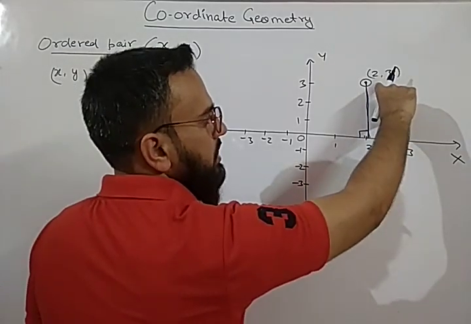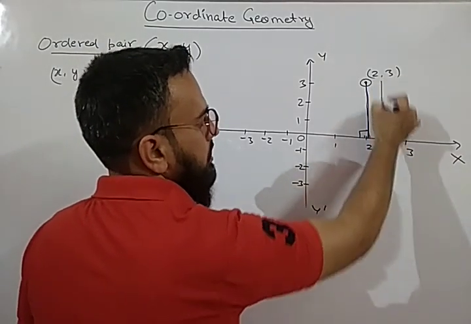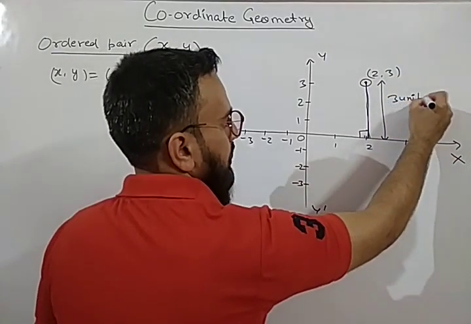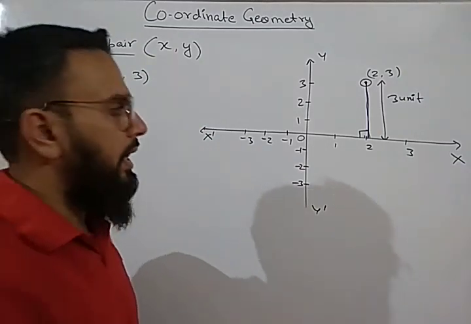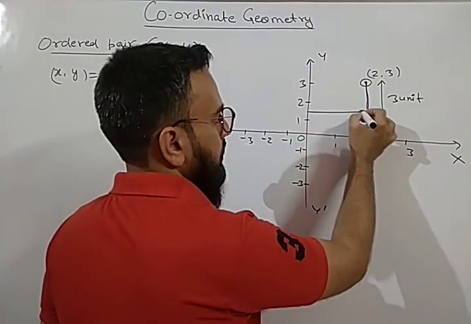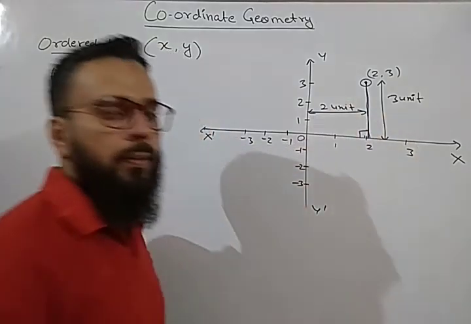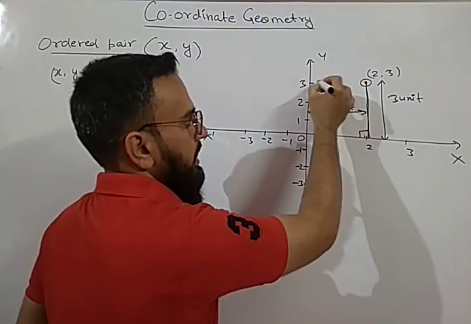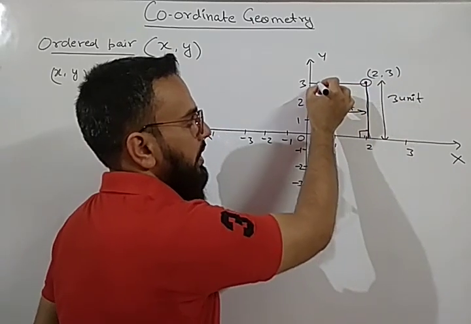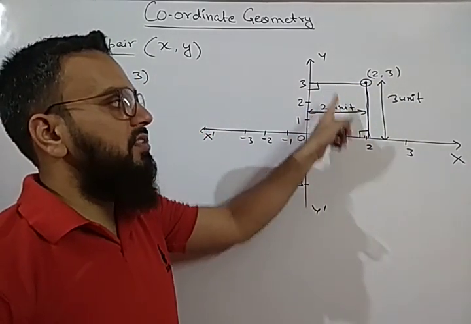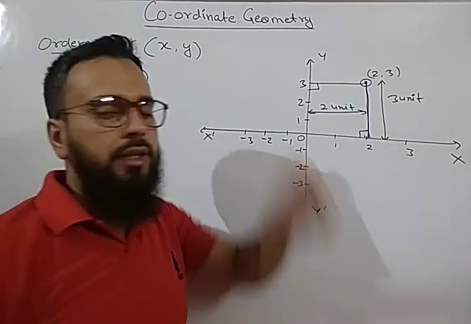This distance is 3 units, and this distance is 2 units. If we draw a perpendicular on the y-axis from the given point, this distance will be 2 units and the other distance will be 3 units.